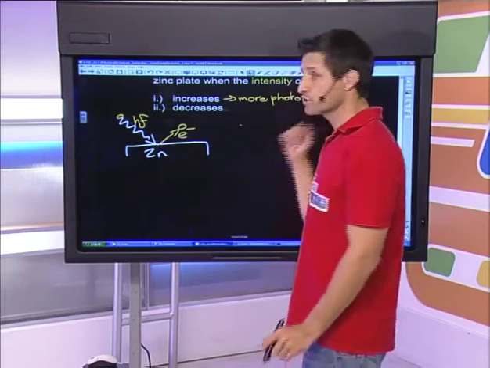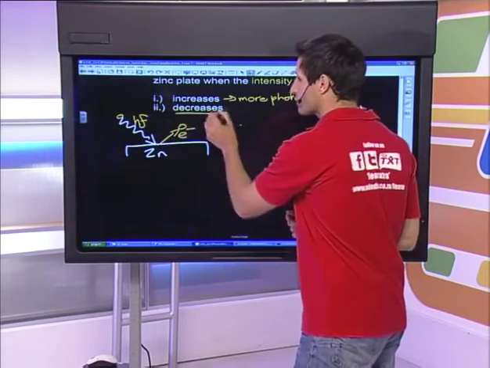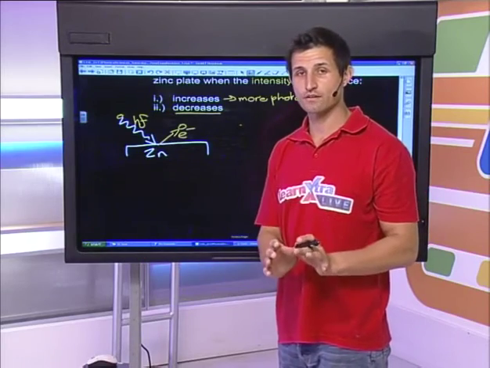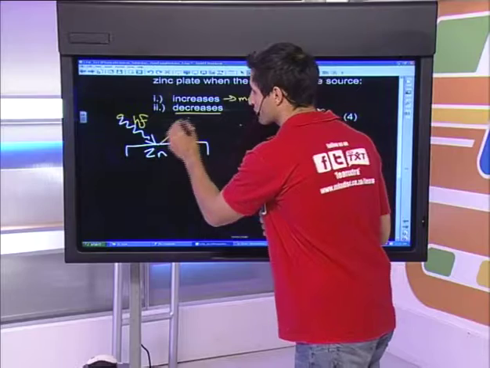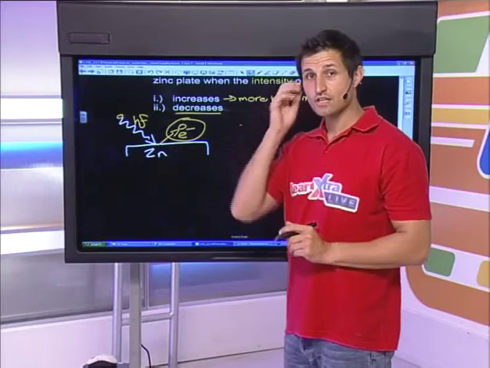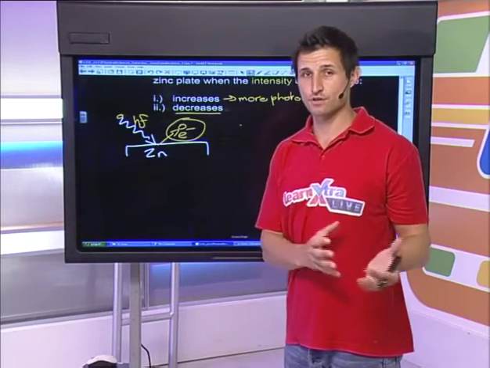If there's more photons, there's more electrons. If there's less photons, there's less electrons. But quite importantly, these photoelectrons, these electrons which are kicked off, will have the same amount of energy. Remember that their energy depends on the energy of the photons, not how many photons there are.